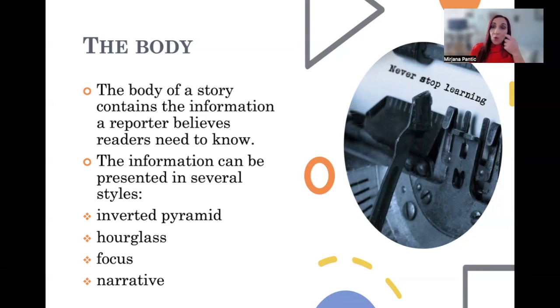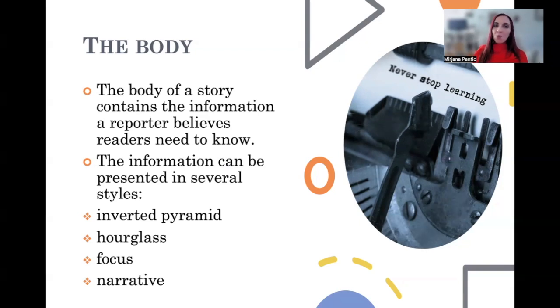Not everything is important, so you're going to ditch a lot. But then the last paragraph is what you find the least relevant from the amount of information that you found to be relevant for your story.